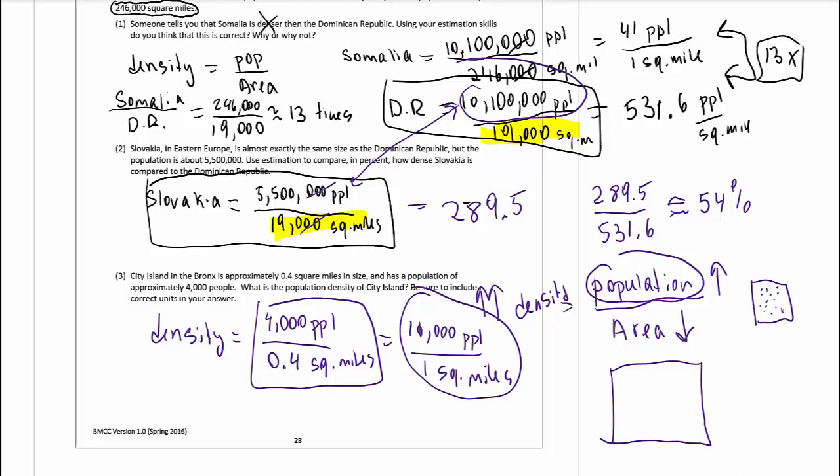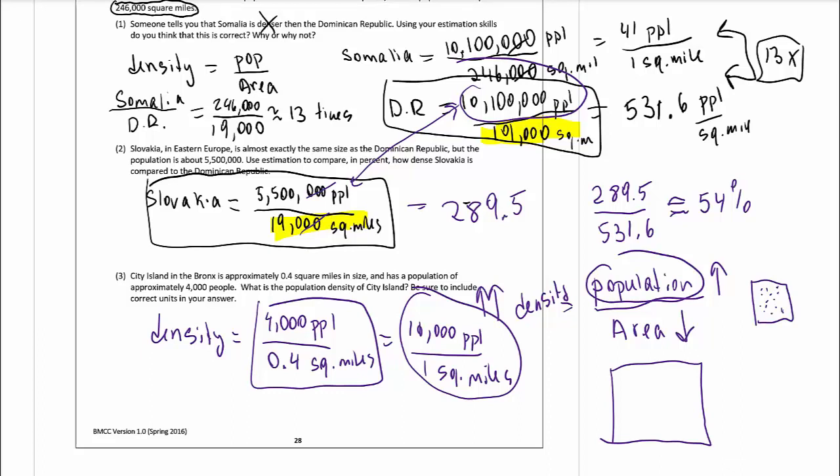So when we get an answer of 10,000 people per square mile, we can understand how densely populated City Island is, having 4,000 people in there. Well, it makes sense, because if there are 10,000 people in 1 square mile, and let's say the space is only half a square mile, then you expect to have only half as many people, 5,000.